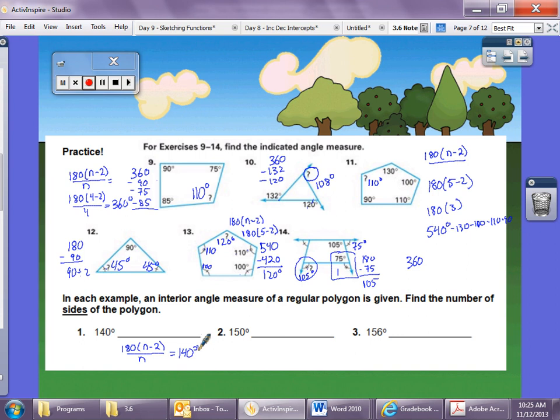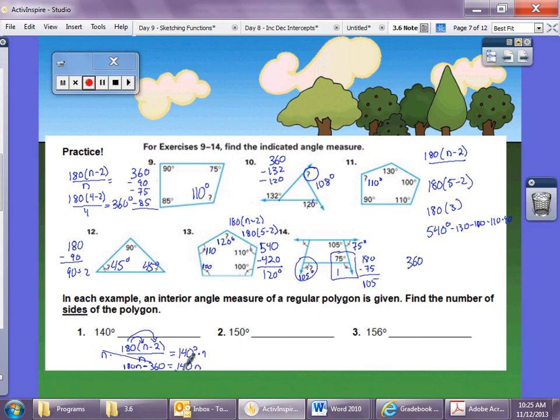Now we need to use some algebra to solve this, so we multiply both sides by n. So we have 180n minus 360 equals 140n. So we distributed, multiplied both sides by n.